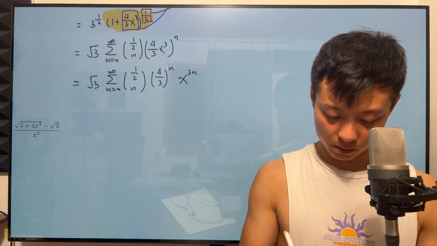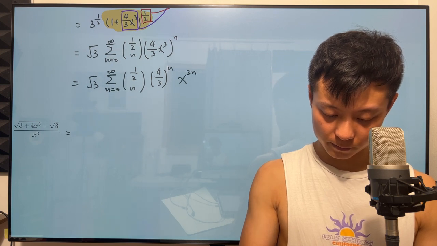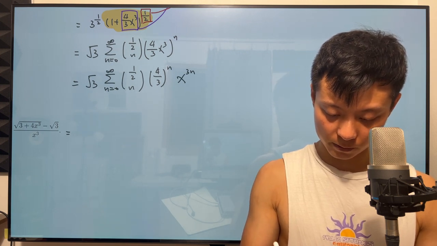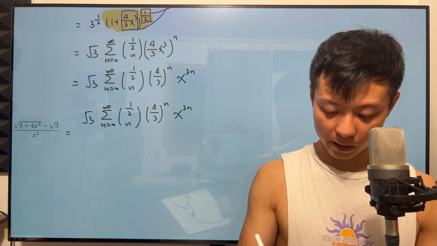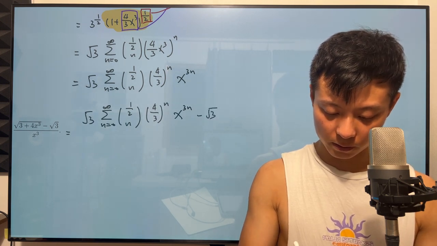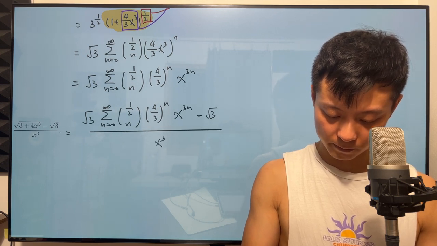So we will replace that with this expression, which is this one, and then minus square root of 3 divided by x cubed.